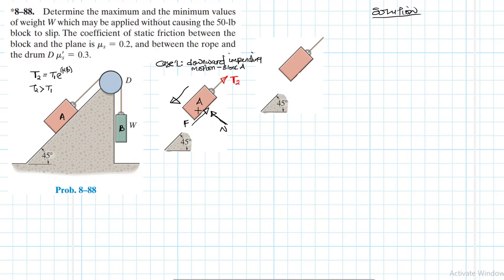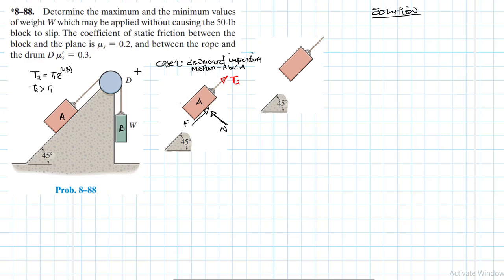That is how we are choosing our tension. Which one is tension 2, which one is tension 1? Because block A tends to pull on block B, the cable connected to block A is tension 2. Hope that is clear.